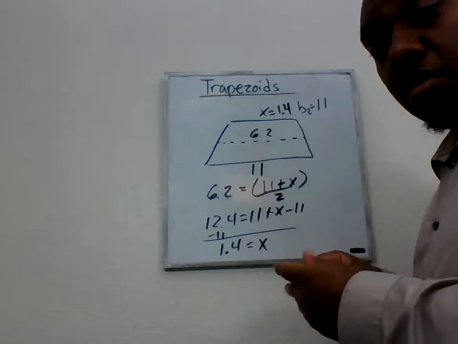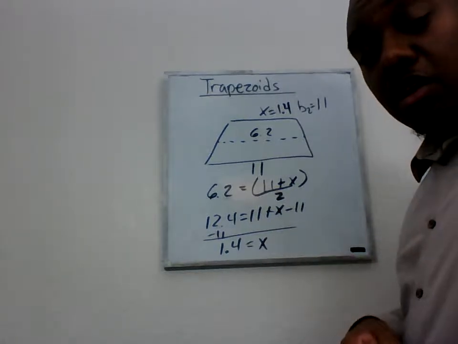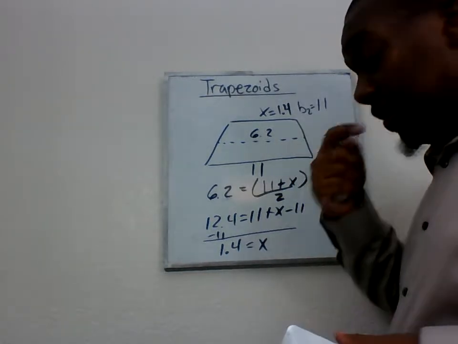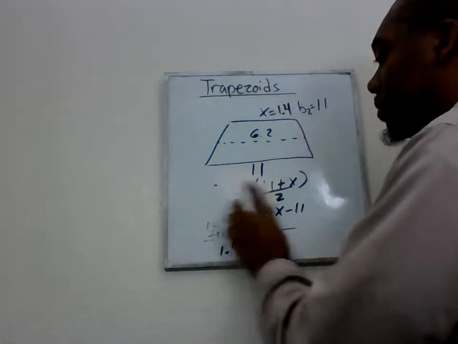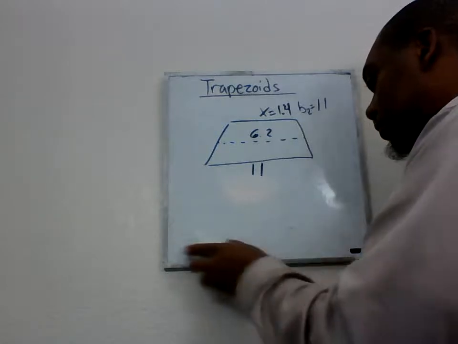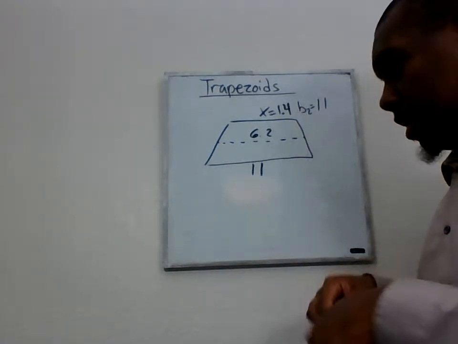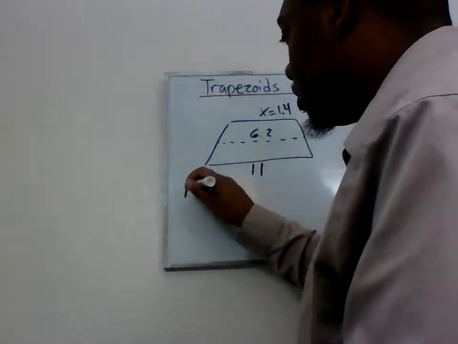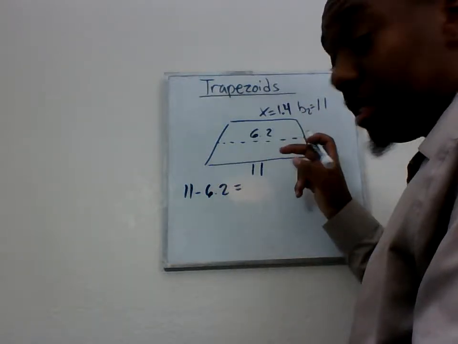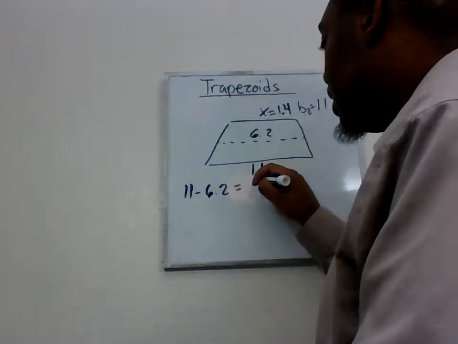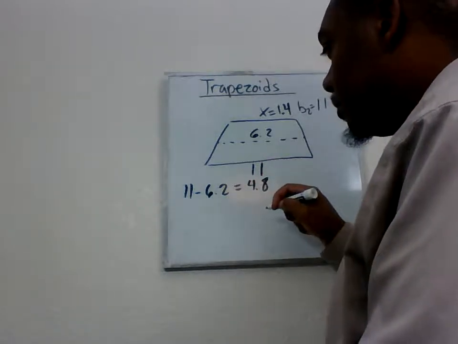Well, let's see if we get the same thing doing the distance between 11 and 6.2. All right, so if we do 11 minus 6.2, we see that the distance between the median and the bases should be exactly 4.8.